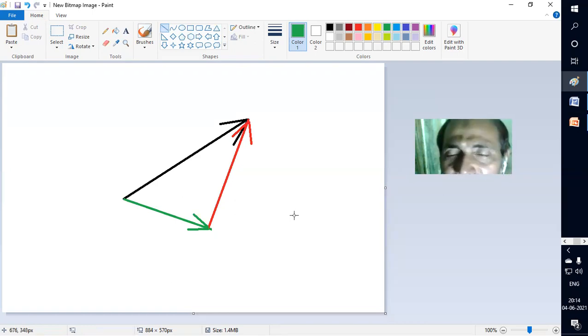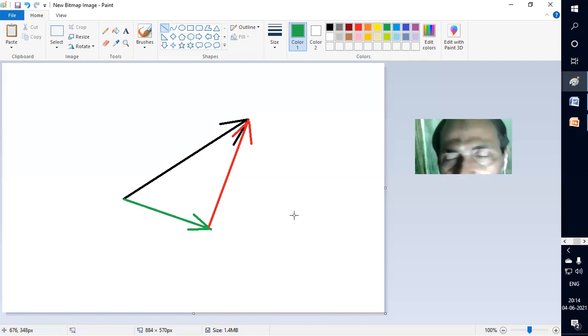Black color vector is moving in clockwise direction, whereas green and red are moving in anti-clockwise direction. That means you can write the mathematical equation, and in that equation, at left side and at right side, you will write two different quantities. All those vectors which are moving in one direction, you will write one side. For example, green plus red, you will write one side.